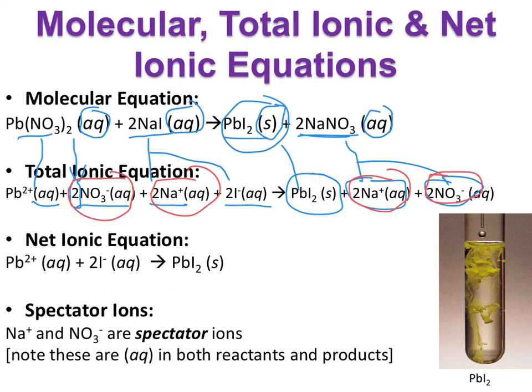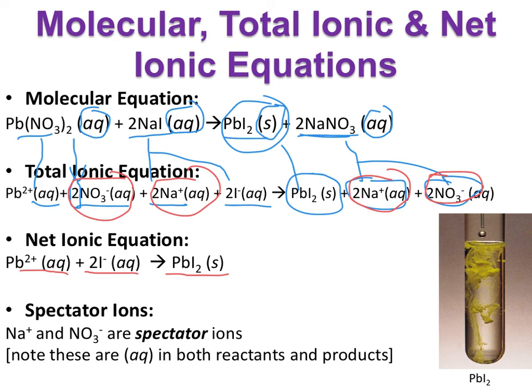These are removed to form the net ionic equation, which reads lead-2 aqueous plus 2 iodide aqueous yields lead-2 iodide solid. In essence, the net ionic equation represents the underlying chemistry that occurs.